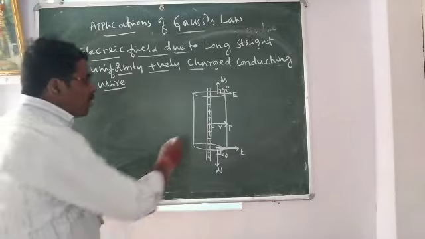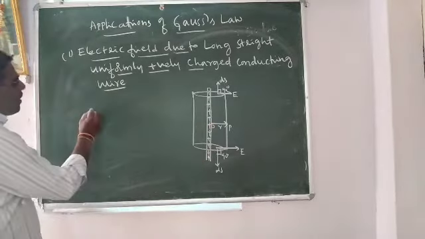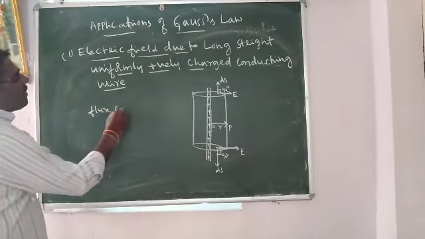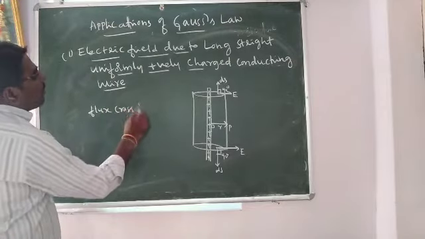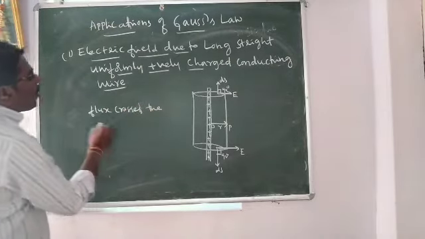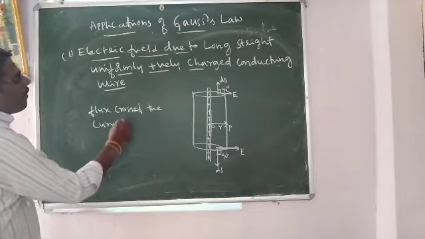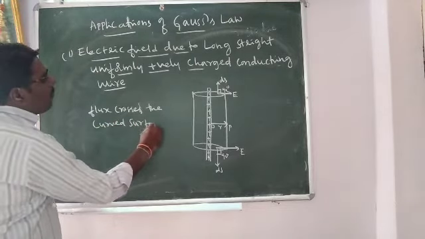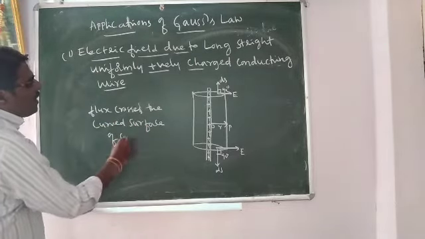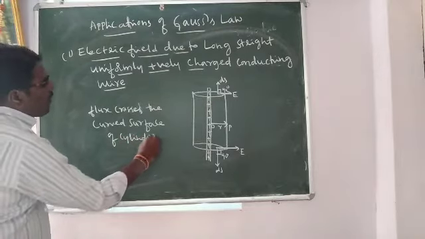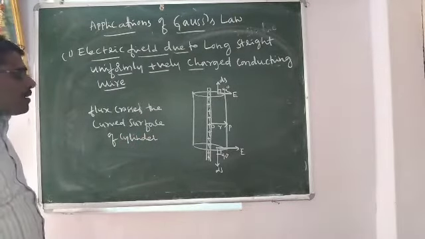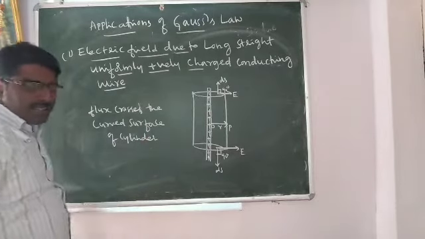Only flux crosses the curved surface of the cylinder in radial distance.